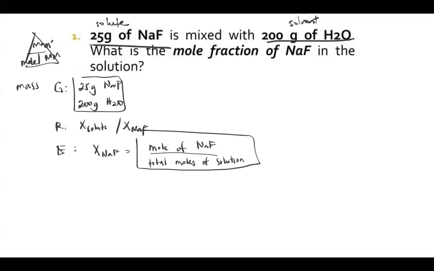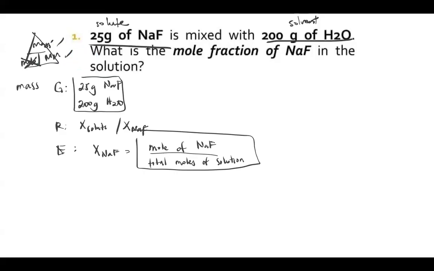So we need to convert our given into moles first before we use that in the equation. Now, let's take the 25 grams of NaF and solve for the number of moles. Covering up this one, it's mass divided by molar mass. So how do we get the molar mass of the substance?